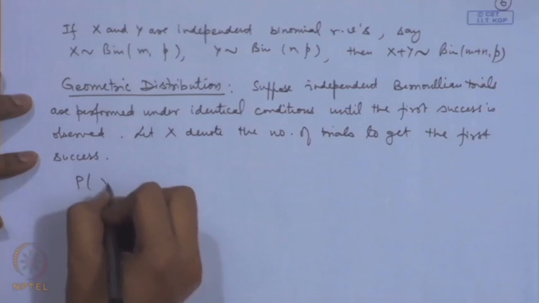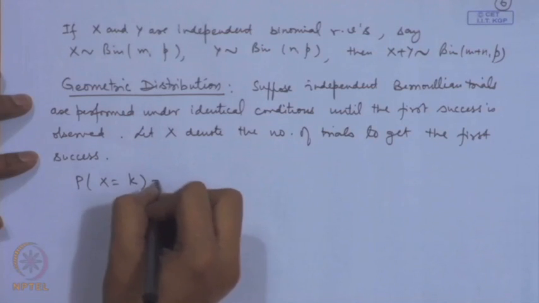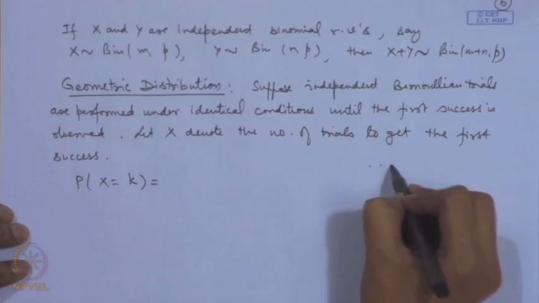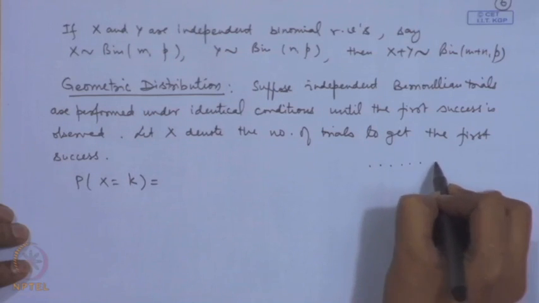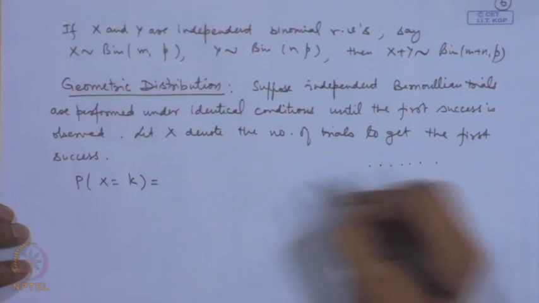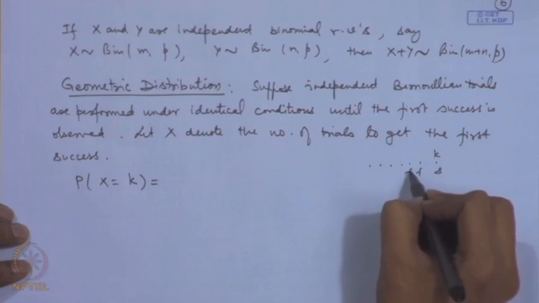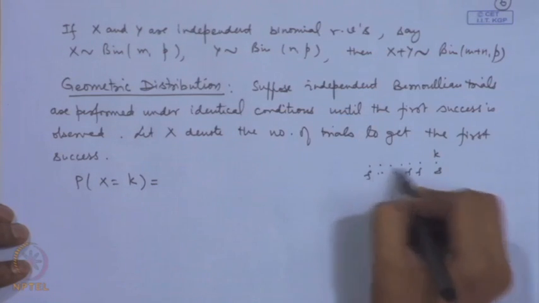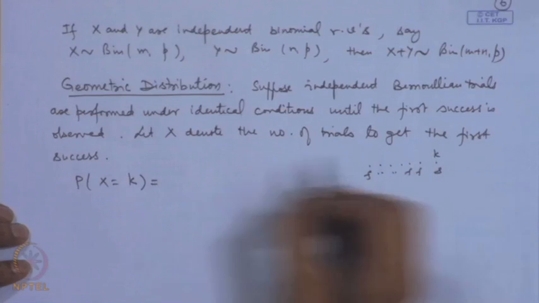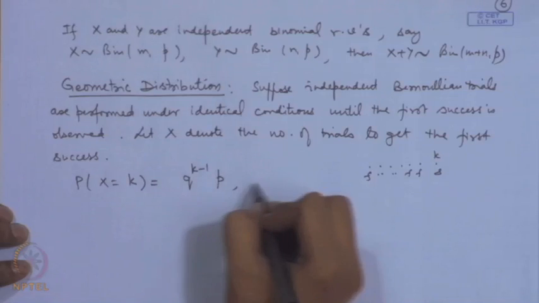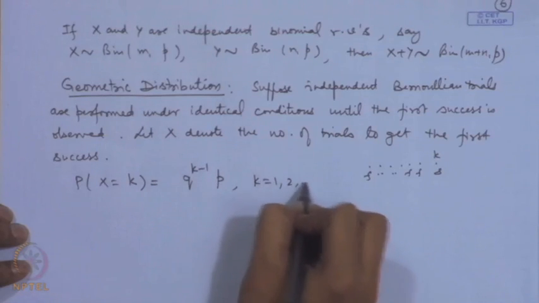Then what is the probability of x equal to, say, k? Now, the trials are performed and all of them are failures till the kth trial. So, if the kth trial is where the success is observed, before that all of them are failures. That means k minus 1 failures are there. So, you have q to the power k minus 1 into p, where k can take values 1, 2 and so on.